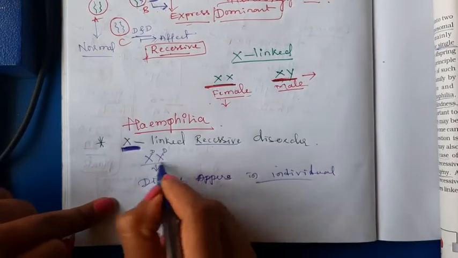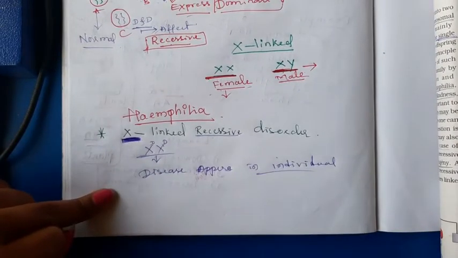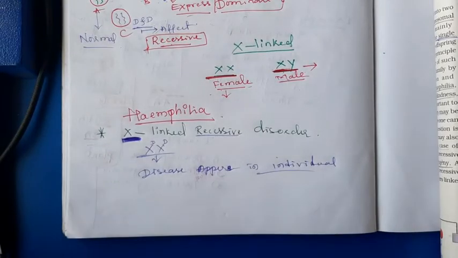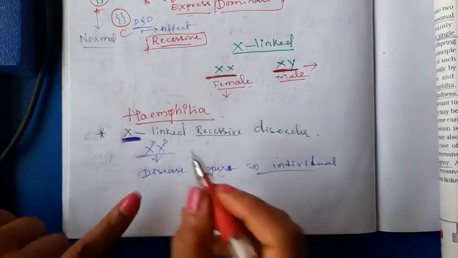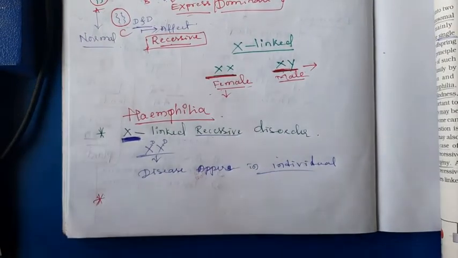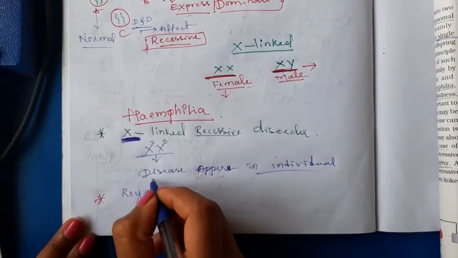Homozygous condition is very necessary. Next point, this hemophilia is known as a royal disease.